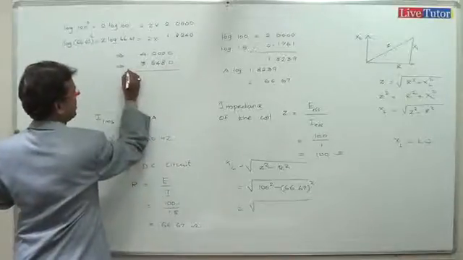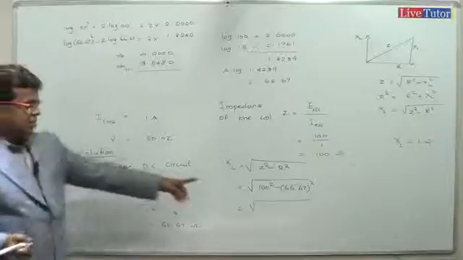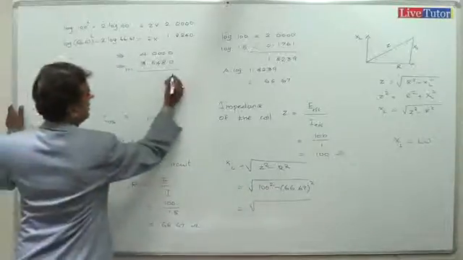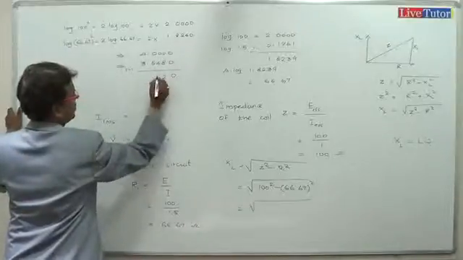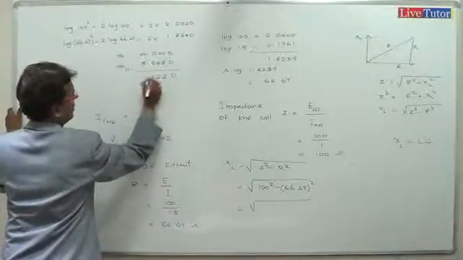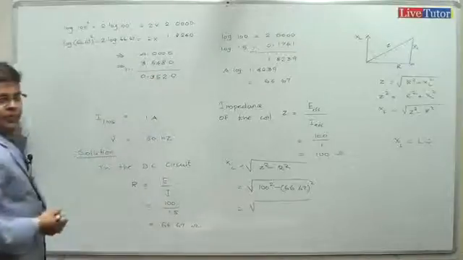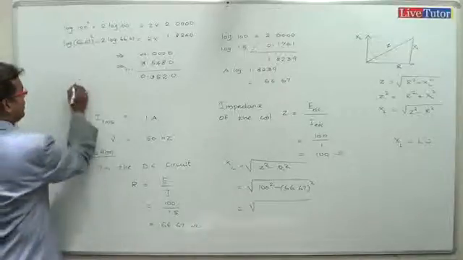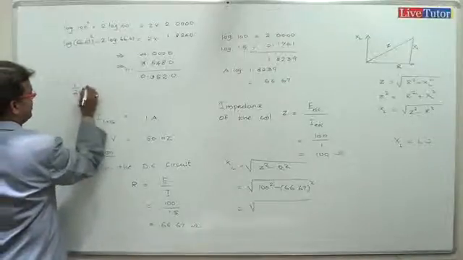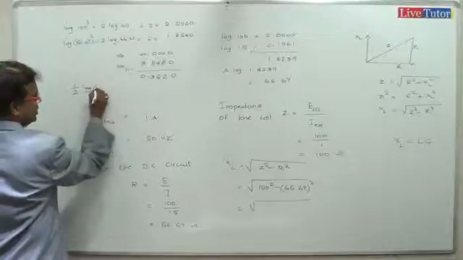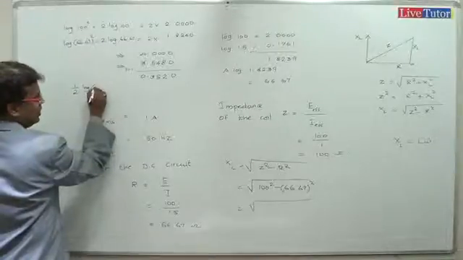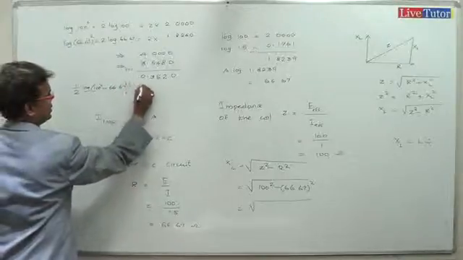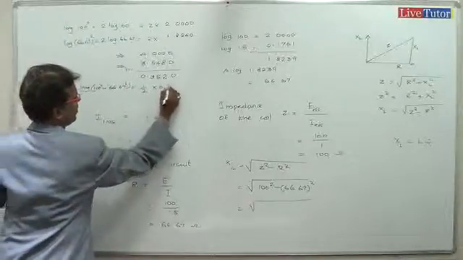Now subtract, because it is subtraction, isn't it? So subtract it. 0.3520. Now this is half of log 100 square minus 66.67 whole square. This is half of 0.3520.